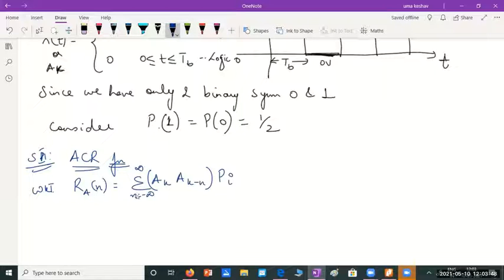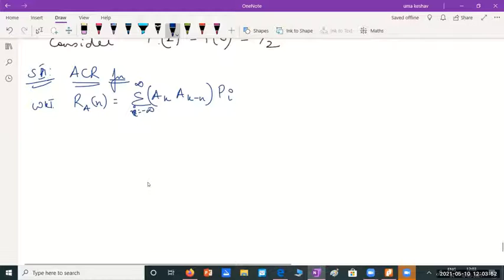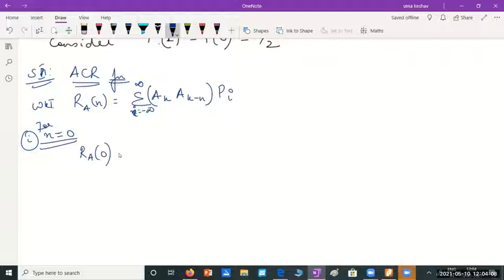This is i. First let me consider n equal to 0. It's almost like mathematics. The same steps are repeated. For n equal to 0, we'll find Ra of 0.